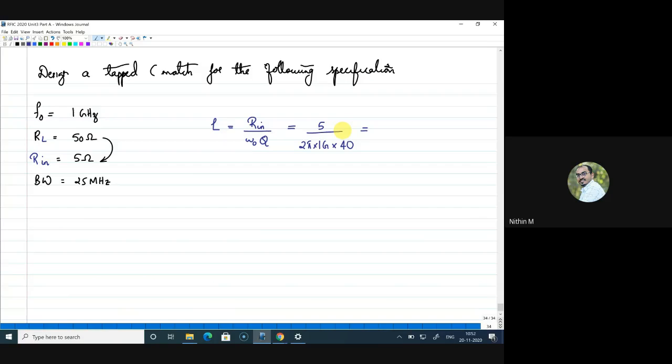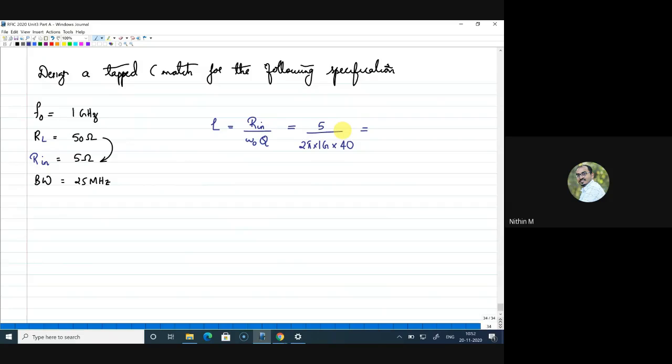Okay, now if you are taking Rin as 50, then it will be 0.199 nanohenry, right? Yes, sir. Sir, if we switch RL and Rin, wouldn't it become up conversion?